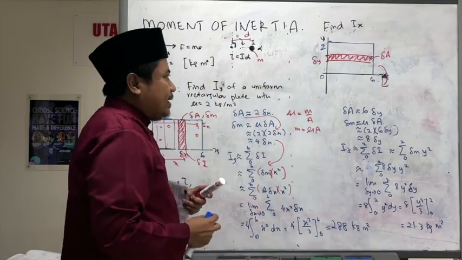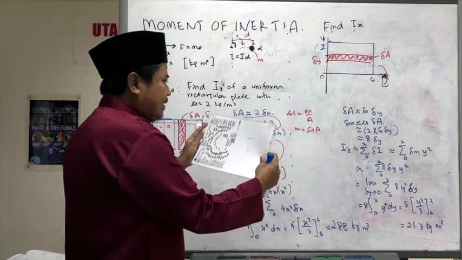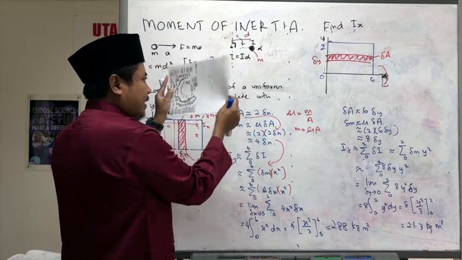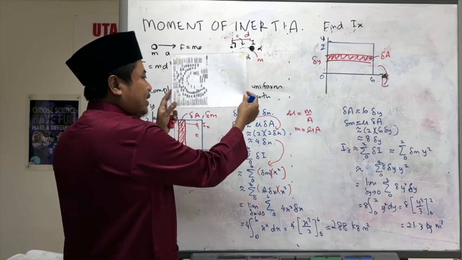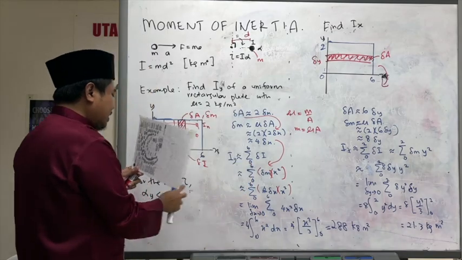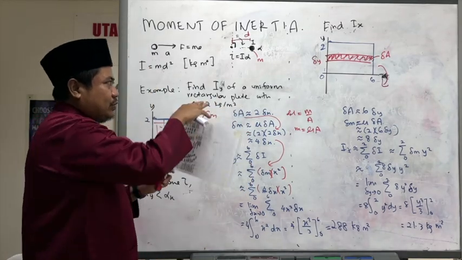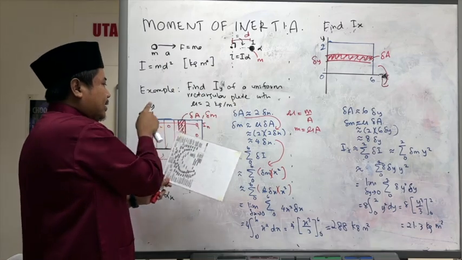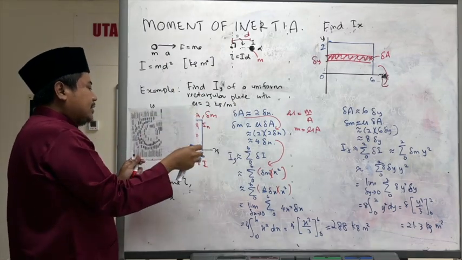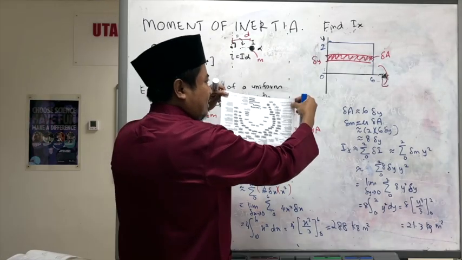This means the plate resists rotation in this direction more than in this direction. If both are given the same torque, that is, the same force to rotate, this one will rotate slowly, but this one will rotate faster.